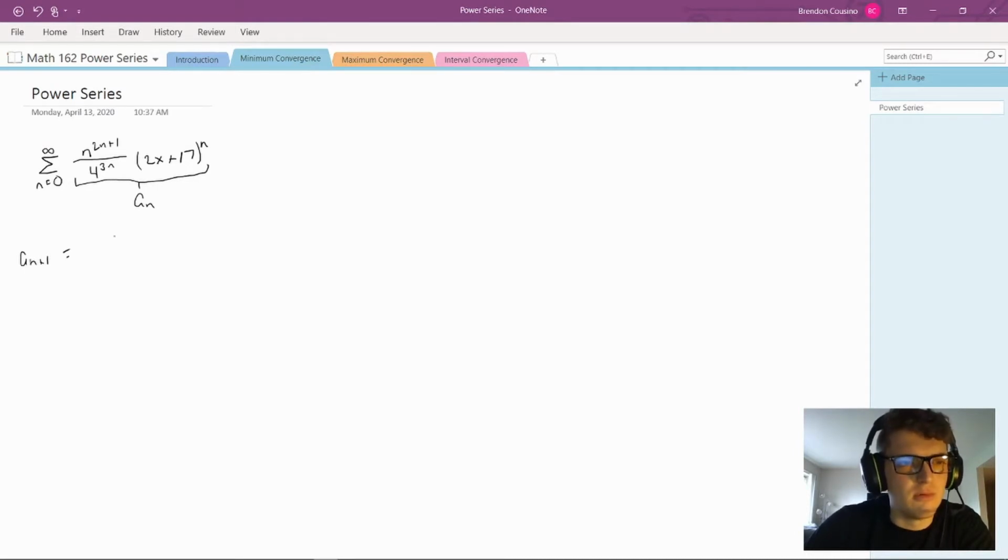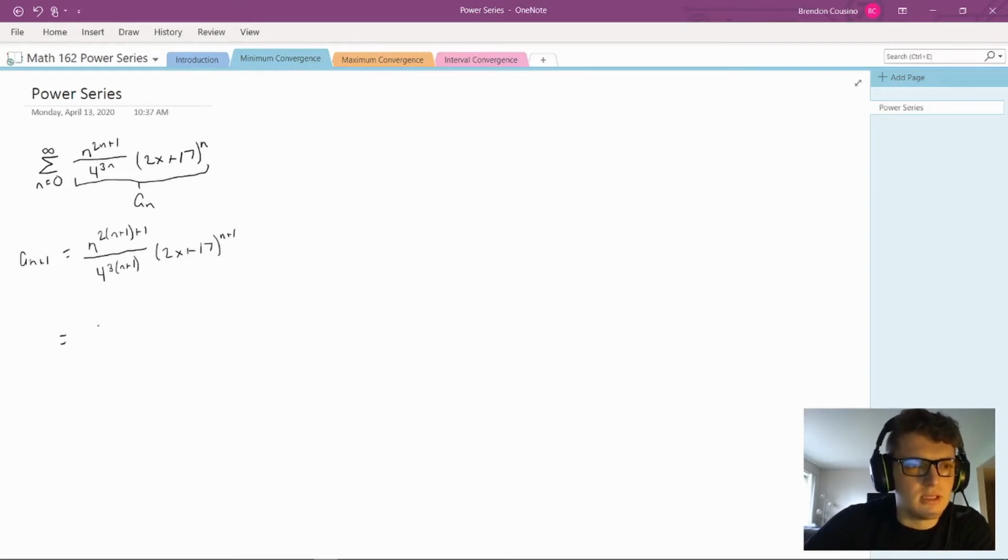Okay, so let's see what we have. It looks like we're going to end up with a n times 2 to the n plus 1 divided by 4 times 3 to the n plus 1, and then multiplied by (2x plus 17) to the n plus 1. Okay, so then let's simplify this and see what we get.